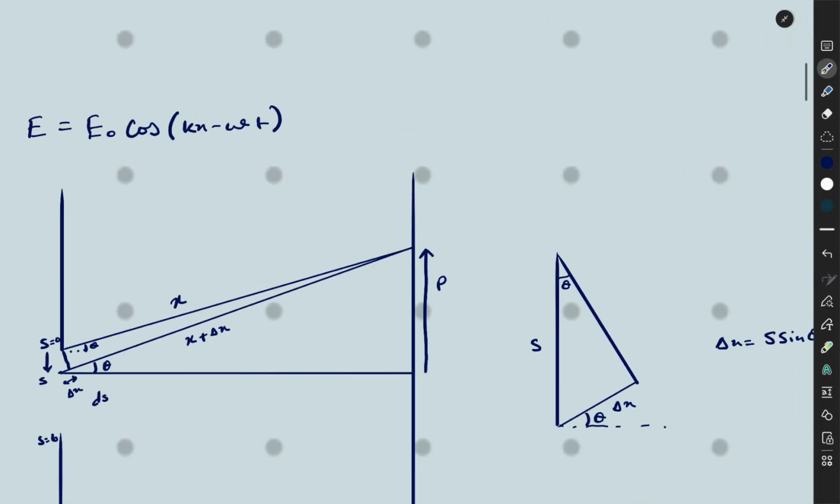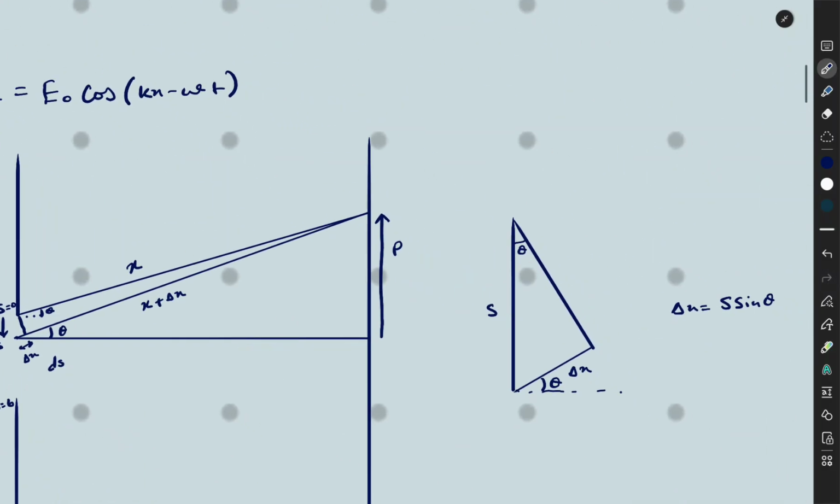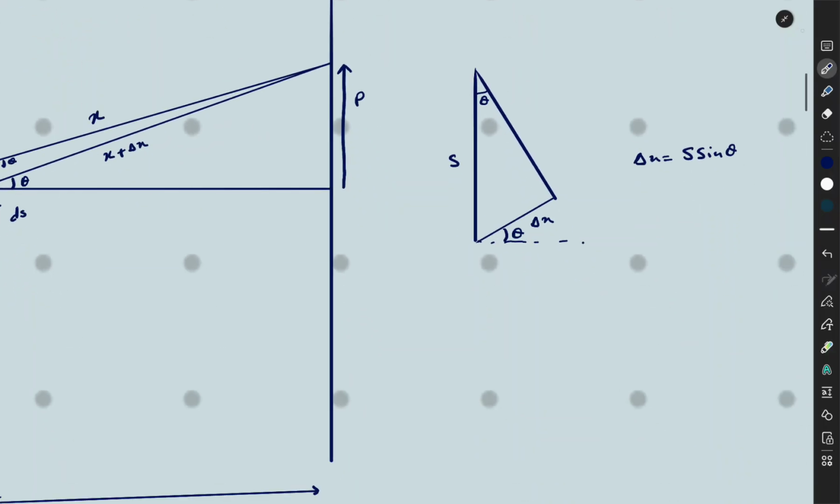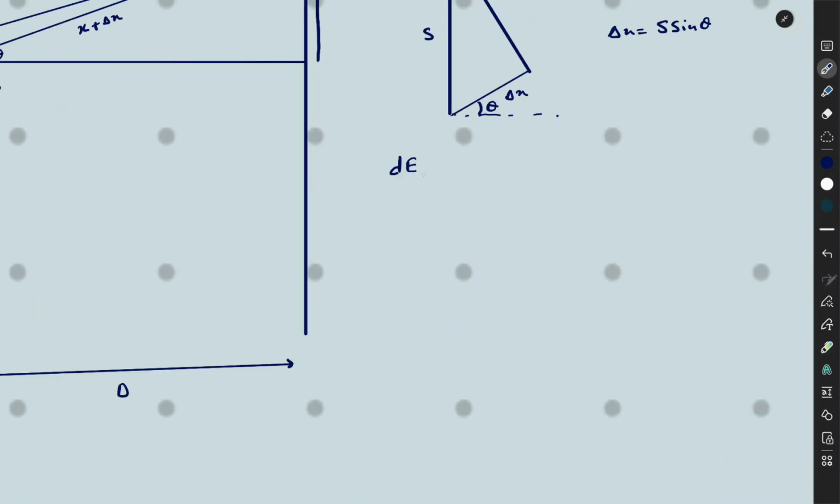From one of those, an electromagnetic wave will come. Let us assume that this is dE, or rather let us take it as dE1.